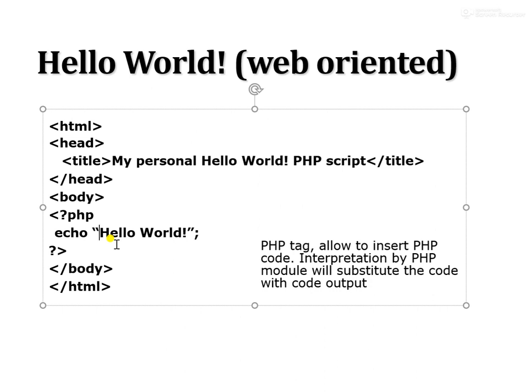Like in C we use printf, in C++ we use cout, but to do the same thing in PHP we use the echo command. Anything in double quotation will display on the screen as it is. So the output of this code will be a web page with this title, and the content of the web page consists of this string hello world.